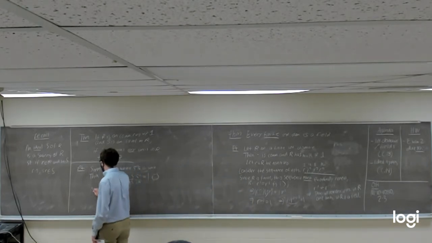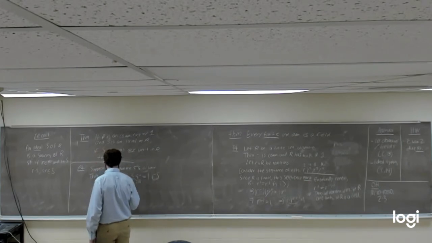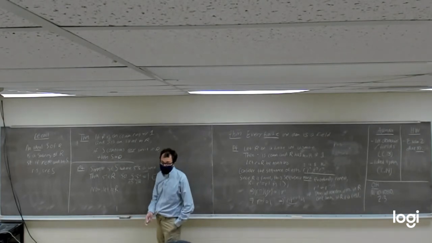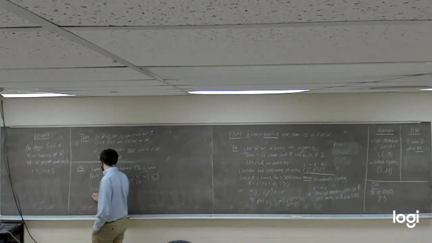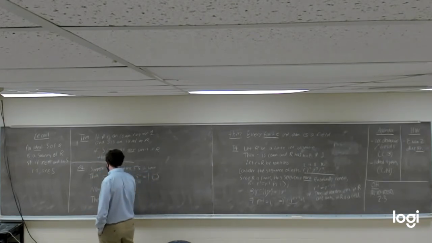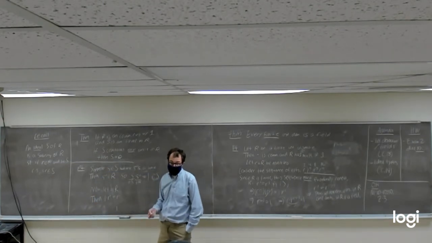And now we're going to let little r be an arbitrary element in big R, and we're going to show that little r has to be in the ideal S. Well, if little r is an element in big R, then we could take 1 times r, which will be equal to r by definition of the multiplicative identity.